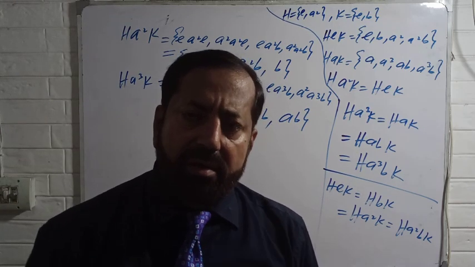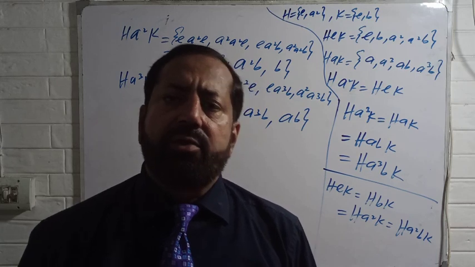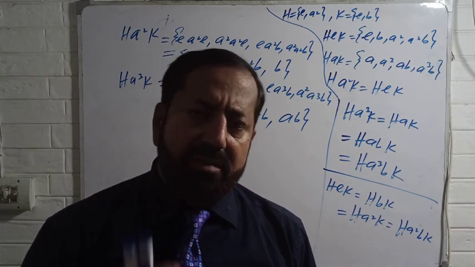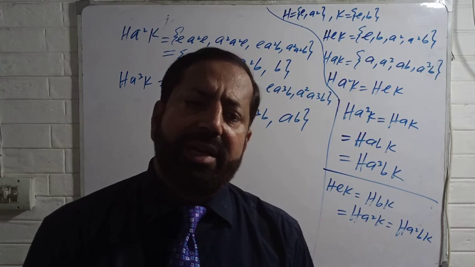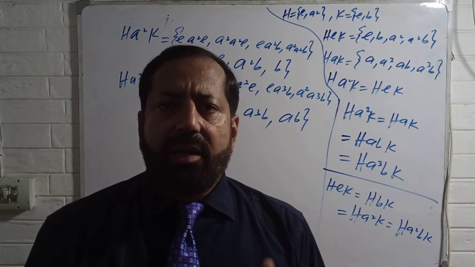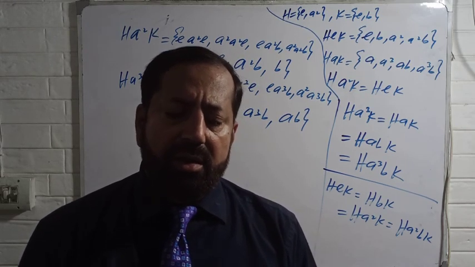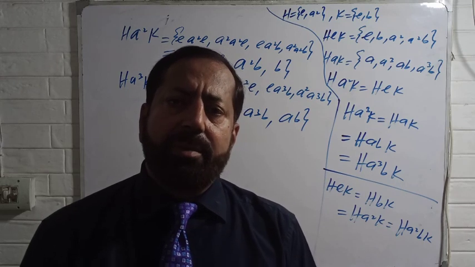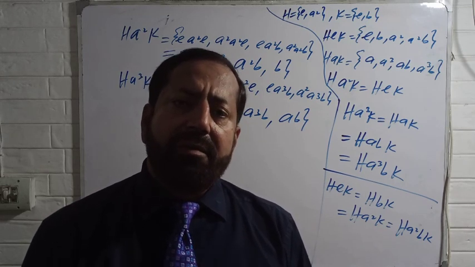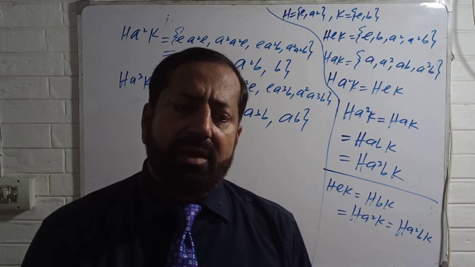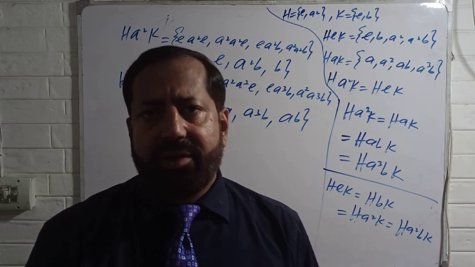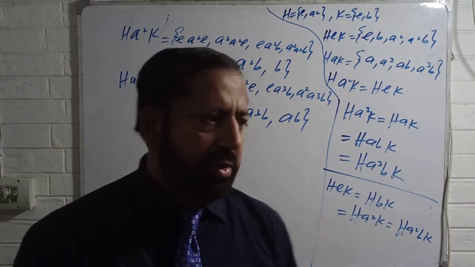So overall there are two disjoint double cosets. One is HEK and the other is HAK. And these two are the possible distinct double cosets, and in fact both are defining a partition of your group G. Okay.